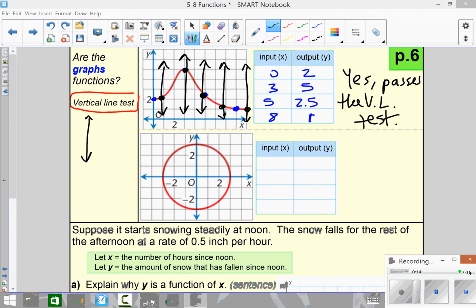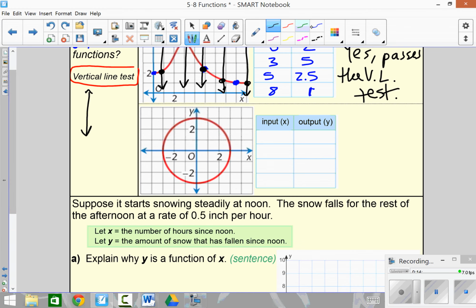Okay, we're back, sorry. We're going to write yes, it passes the vertical line test. Okay, let's take a look at the second graph. Let's start out by doing it the long way. Let's make an input-output table. So I'm going to pick some points on this graph. How about here, and here, and here, and here.